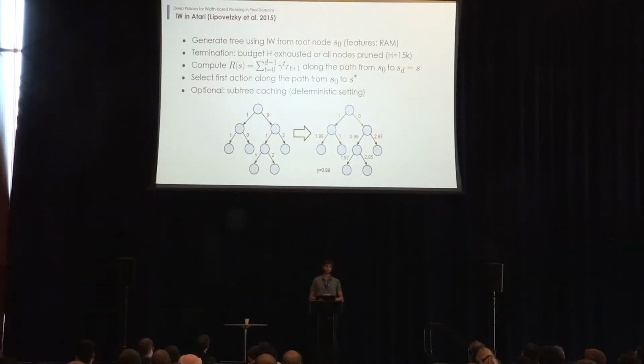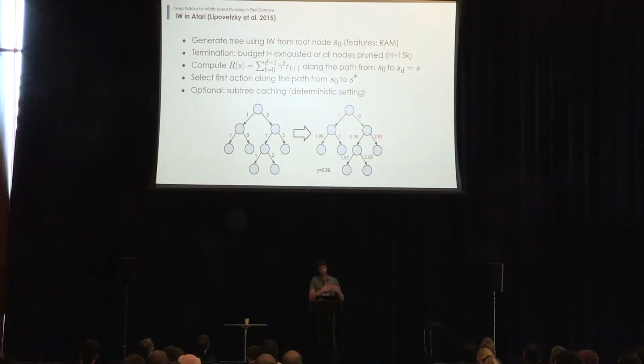In 2015, Lipovetsky and co-authors extended the algorithm to work with simulators. They presented results in the Atari games using the internal game state RAM as features. So it works as follows. At each step, the planner is given a maximum amount of nodes that it can expand.